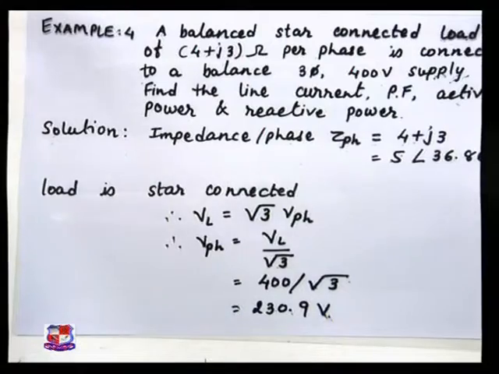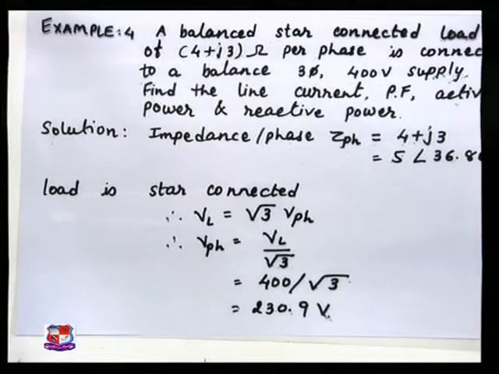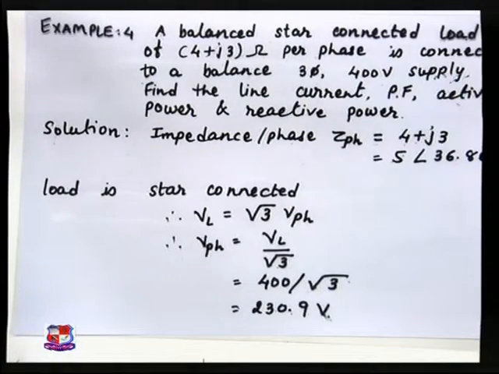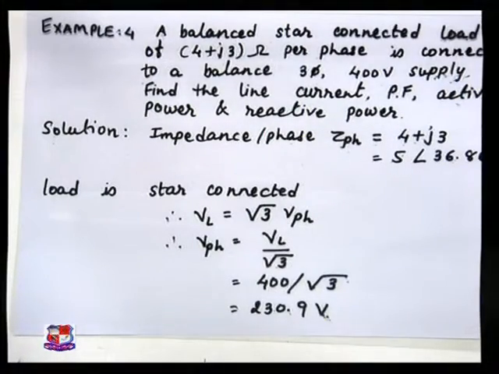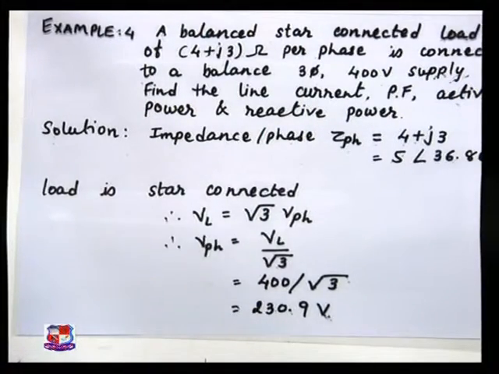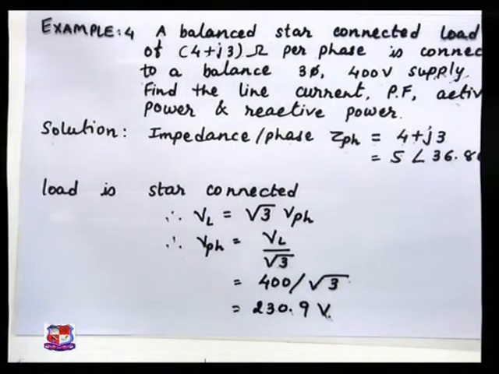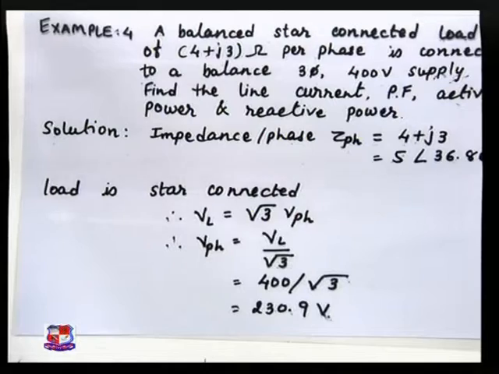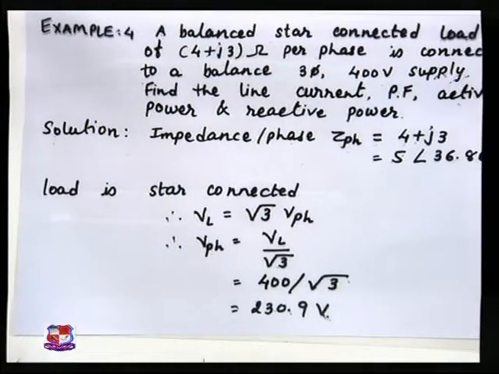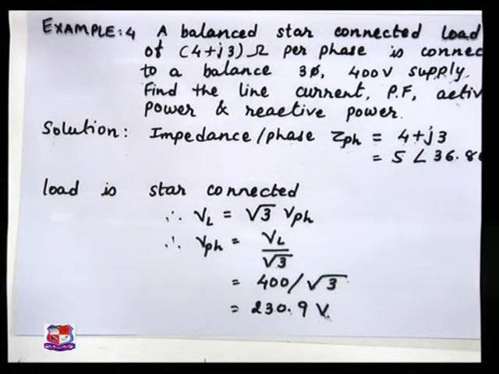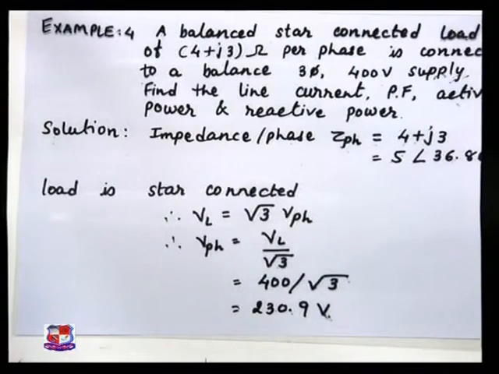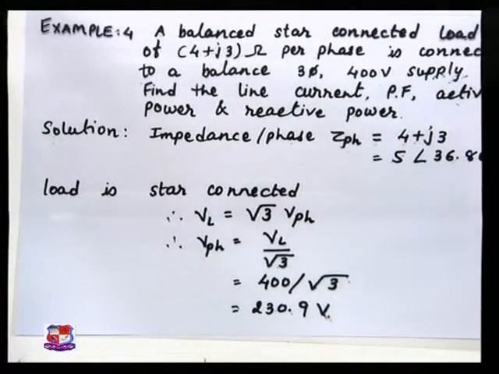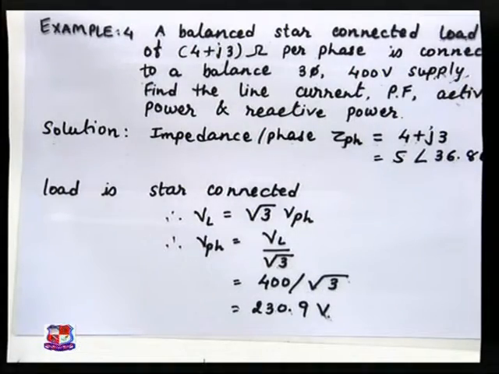Now the load is star connected. Whenever a circuit is connected in star, the line current is exactly equal to the phase current. But for voltage, line voltage is equal to root 3 times phase voltage. So V_L is equal to root 3 V_PH, and V phase is equal to V_L by root 3.